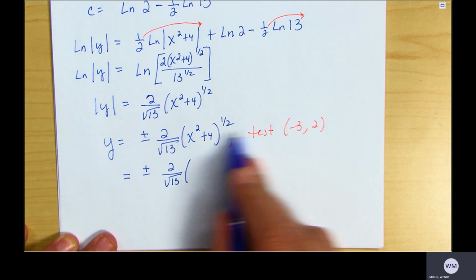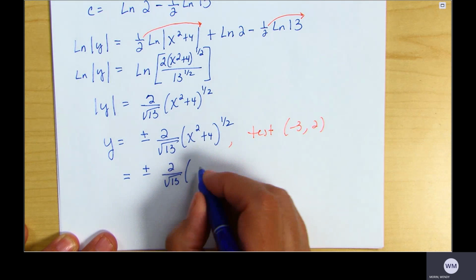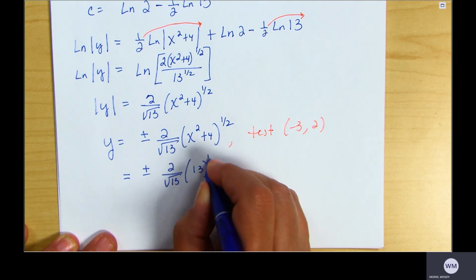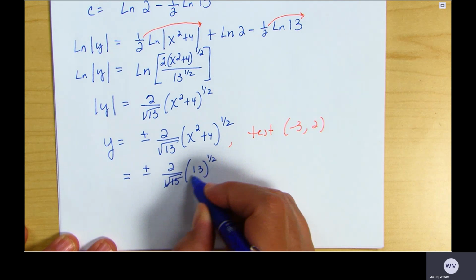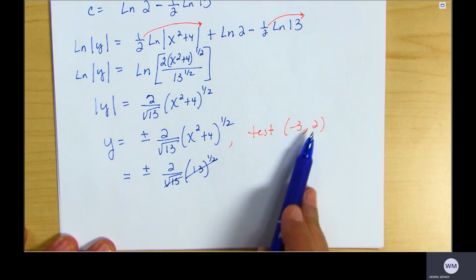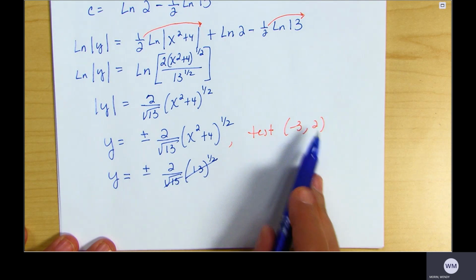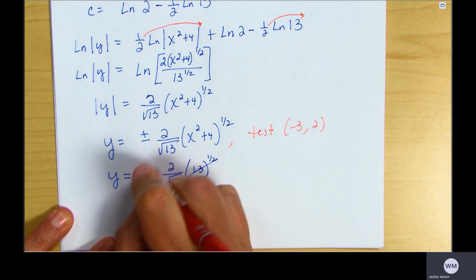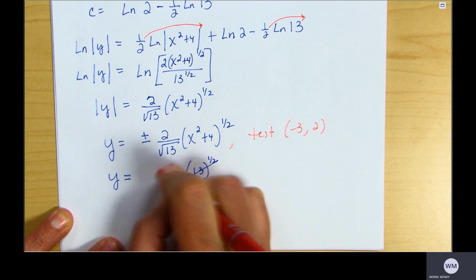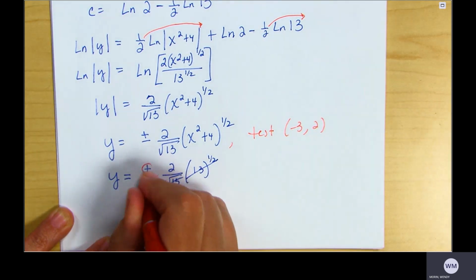I plug in my -3 squared, so that's going to give me 13 to the 1/2, which again is the square root of 13. So these cancel. I need my result for y to be a +2. So I'm going to choose the positive.